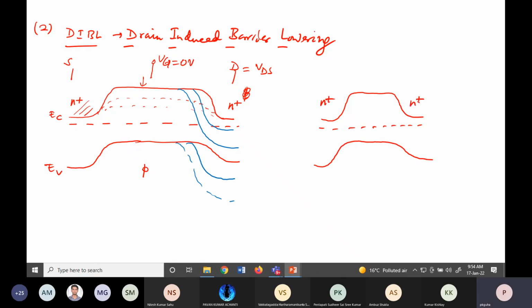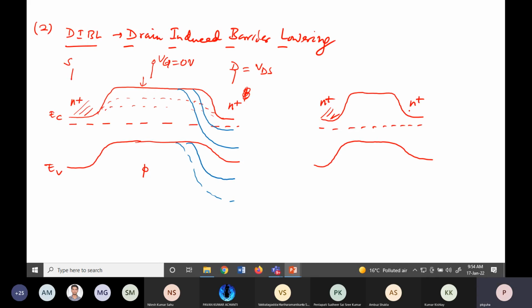Source and drain are very close. There is no current between these electrons. These electrons can't cross the barrier. I'm only talking about the case where there is no gate voltage. Okay, I'm applying voltage between drain and source.